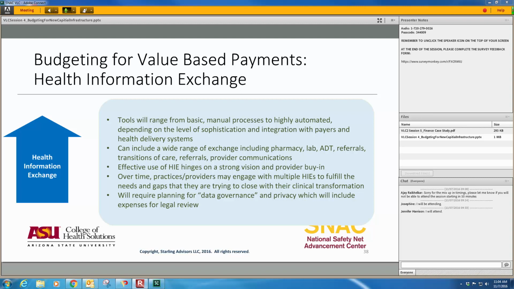But typically what we see is pharmacy, lab, admit, discharge, and transfer data, referrals, and basic provider communications.